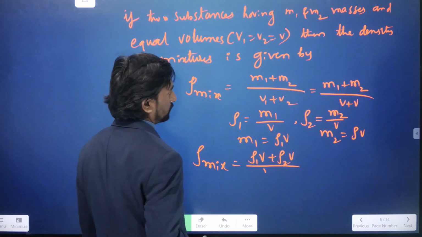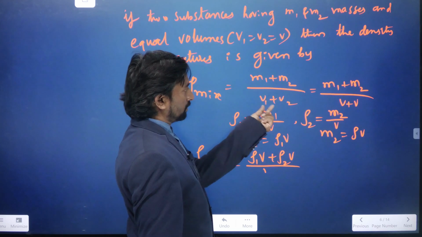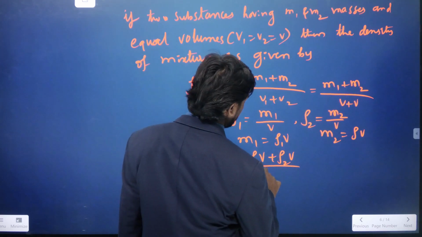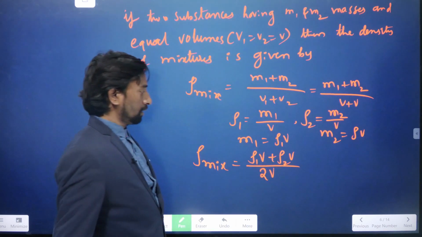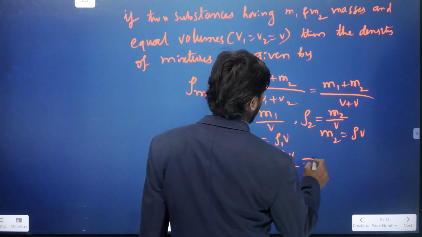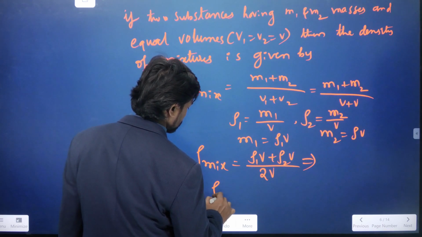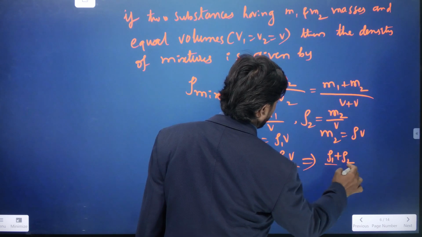That is V1 is equal to V2. So V1 is equal to V, and V2 is also equal to V, we will write. So the denominator will become 2 into V. Then in the numerator and the denominator, the common term is V, that can be cancelled. So the density of the mixture we'll get is rho 1 plus rho 2 divided by 2.